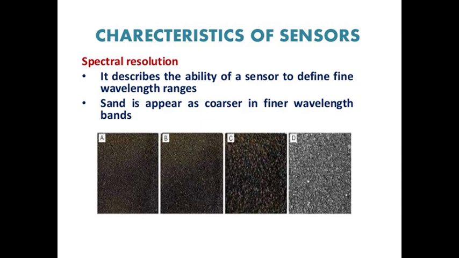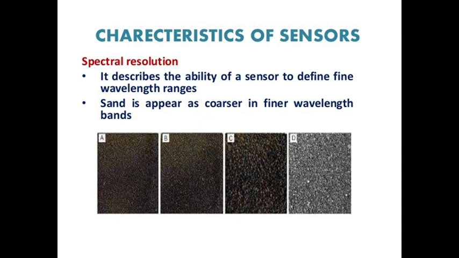The spectral resolution defines the ability of the sensor to differentiate the finest variation in the wavelength of the radiation that has been emitted or reflected from the objects located on the surface.